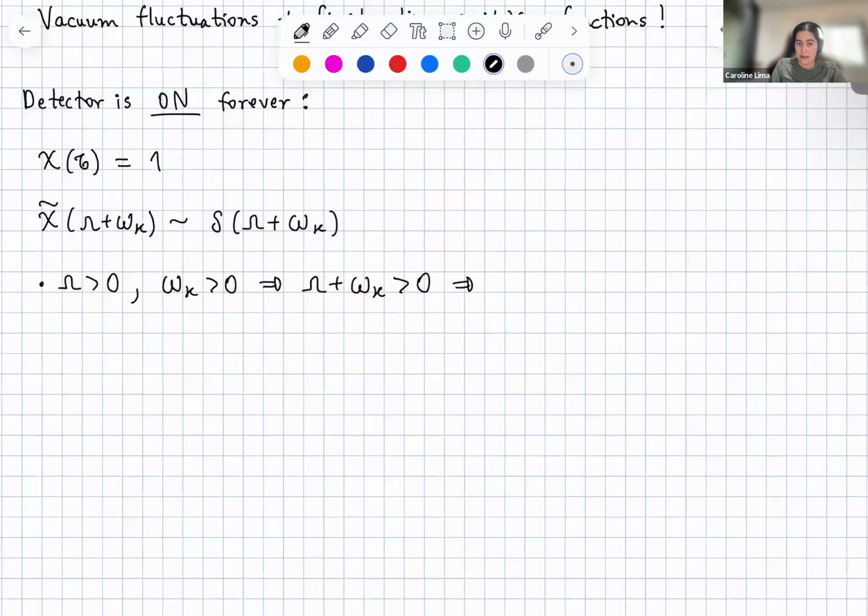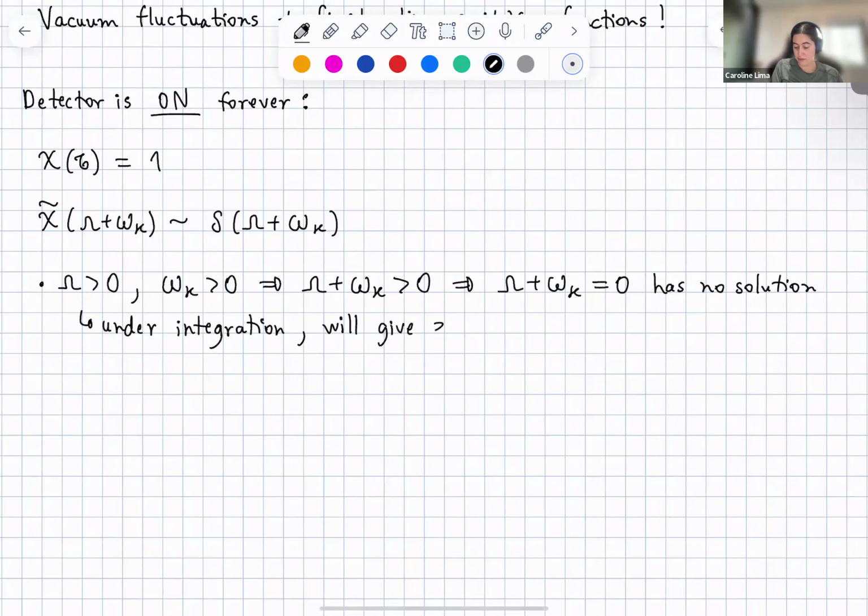So if I want omega plus omega k to equal 0, this has no solution. So if I'm integrating this delta function under this integration, this delta function is going to vanish, right? It will give a 0.